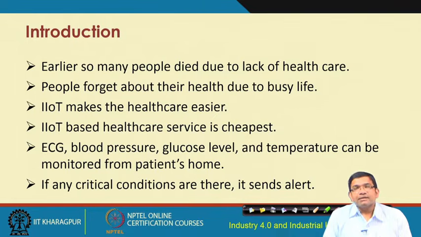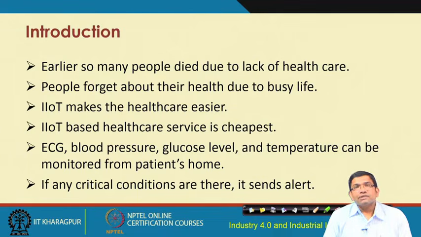There are different sensors such as the ECG sensor, blood pressure sensor, glucose monitoring sensor, temperature sensor, etc., that are currently available in the market. Those are cheap, affordable and can be purchased by the patients themselves for monitoring their health conditions at their homes, or could also be purchased by different healthcare facilities, hospitals and so on.